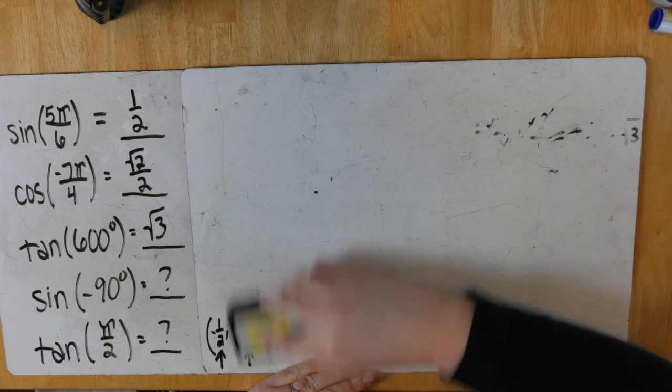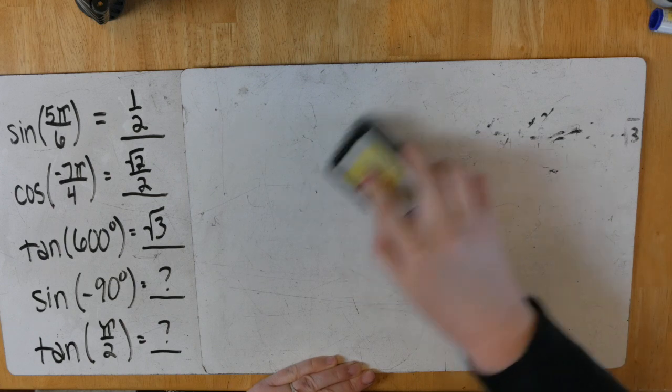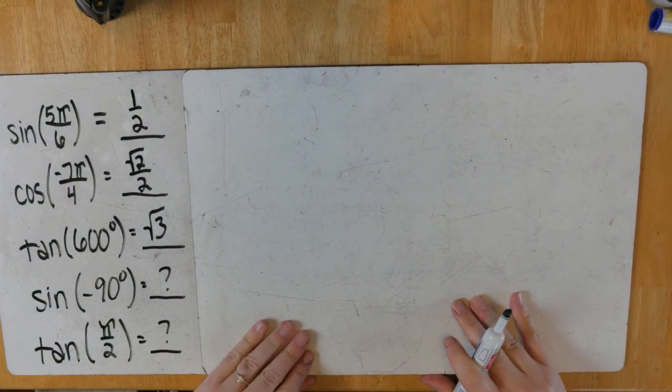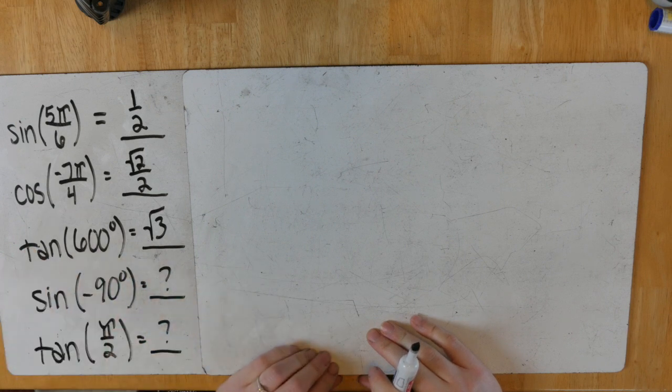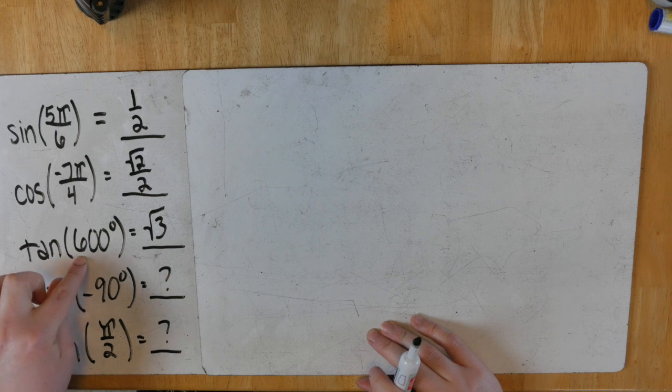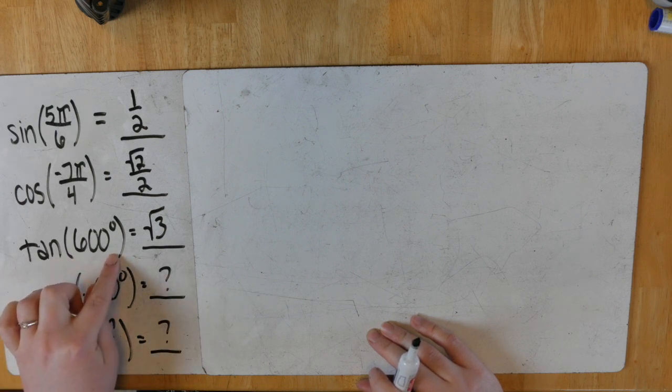If you found evaluating that angle in degrees easier than radians, you're not alone. Students are introduced to degree units of an angle much earlier than they're introduced to radian units of an angle. So one thing that I see my students do sometimes to be successful is they take these radian angles and first convert them to degrees and use that to evaluate the function at whatever angle they're working with.